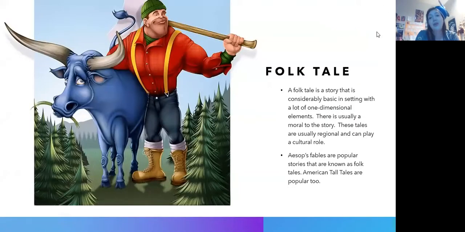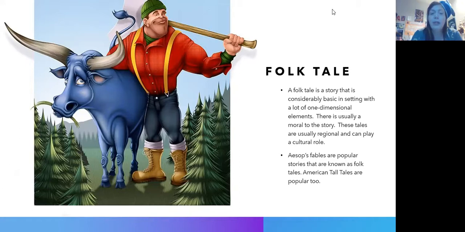Folk tales. Folk tale is another good one. A folk tale is considerably basic in a setting with a lot of one-dimensional elements. And what I mean by that is very set, like for an example, let's talk about Paul Bunyan and his ox. We know who Paul Bunyan is. We know who Babe is. We know even who Thunder Rose and Pecos Bill are.